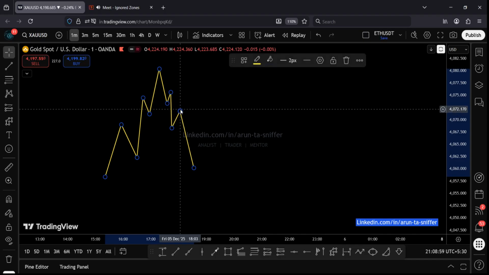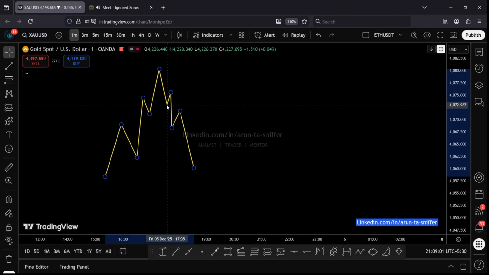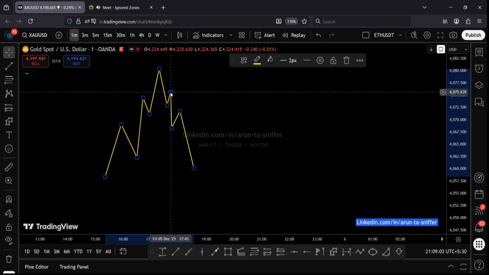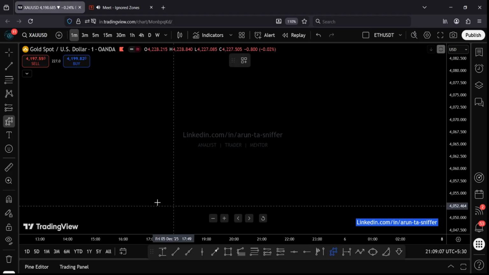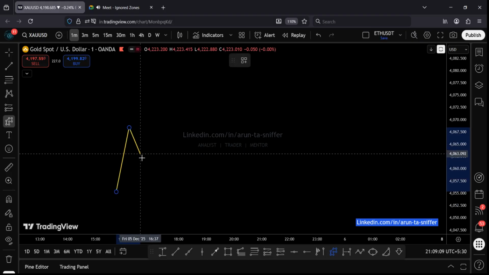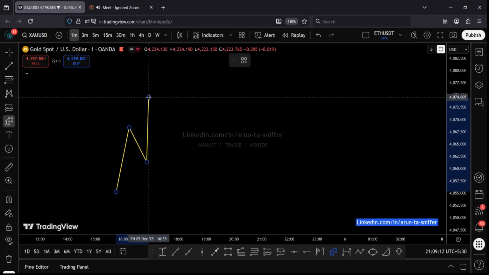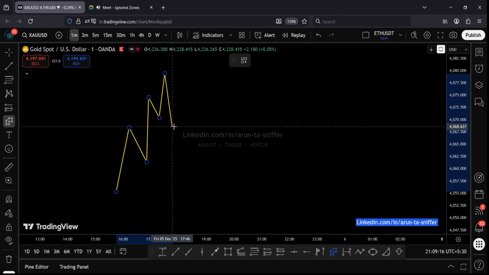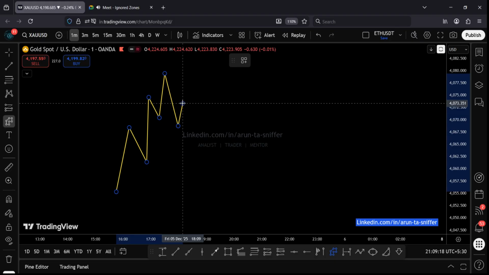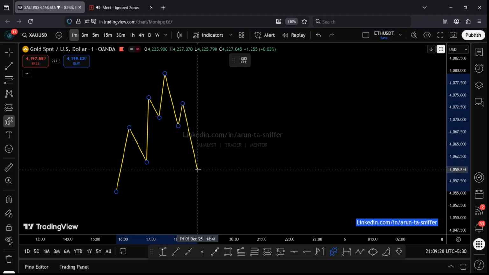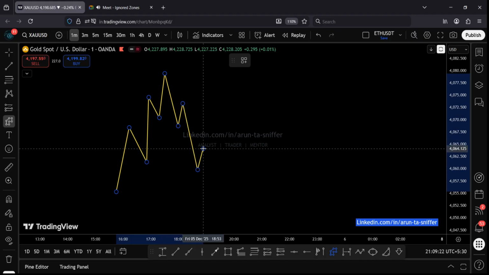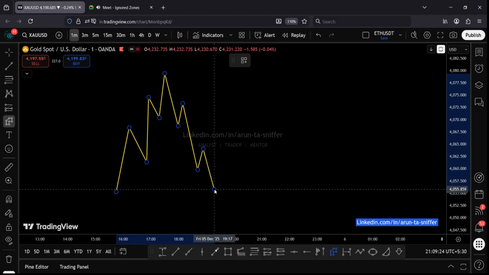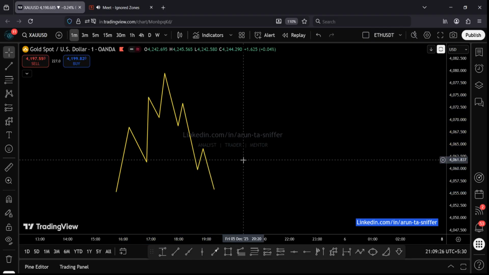Let's draw it again. Goes up, makes high, makes low, goes to a higher high, makes low, goes up, comes down, breaks this, and then comes down and breaks this like it.